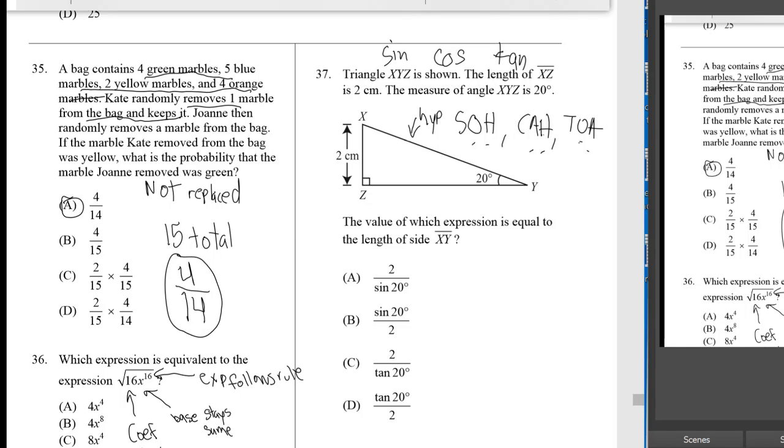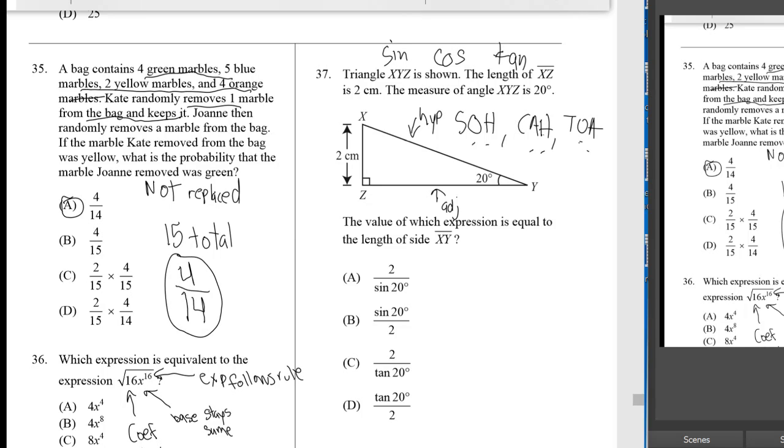You guys know that. Adjacent means next to. The hypotenuse is also next to the 20 degrees, but we call that the hypotenuse, so this side is the adjacent side because it's next to the 20 degrees.